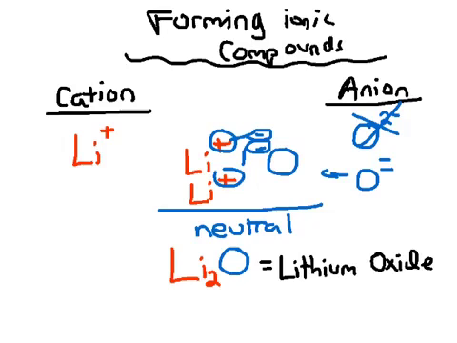And this is what you want to focus on right here, the IDE at the end of the name. Oxide. The IDE means it's the negative one. So let's try one more.